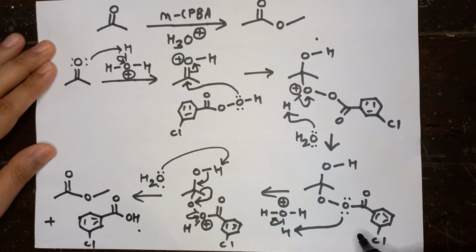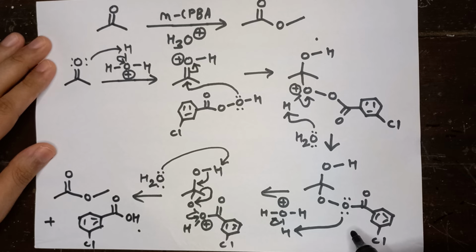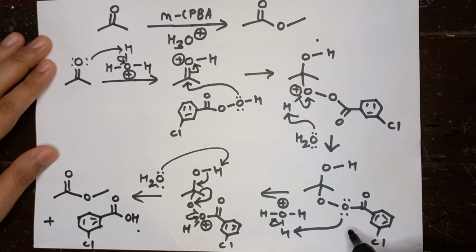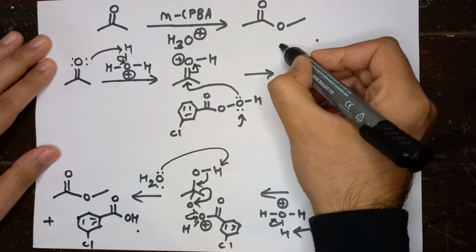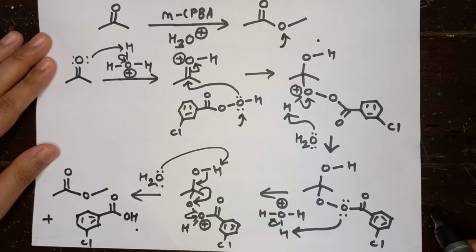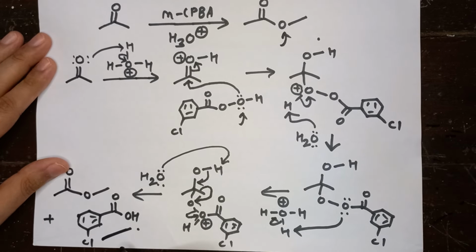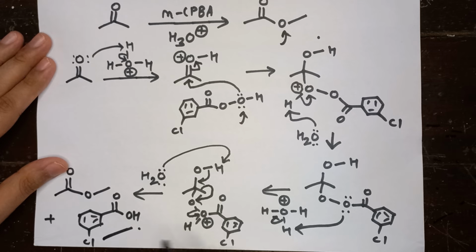So this is the mechanism of converting your ketone into an ester by using m-CPBA under acidic condition. You install this particular oxygen into an ester, and the byproduct is metachloroperoxybenzoic acid.